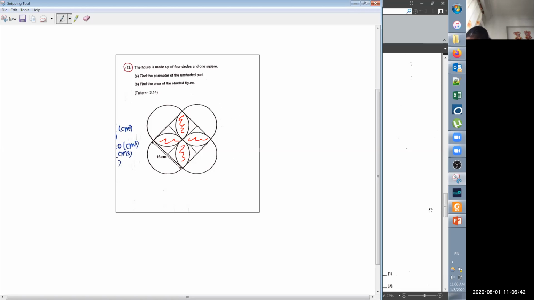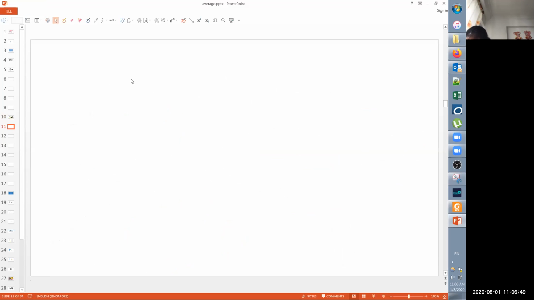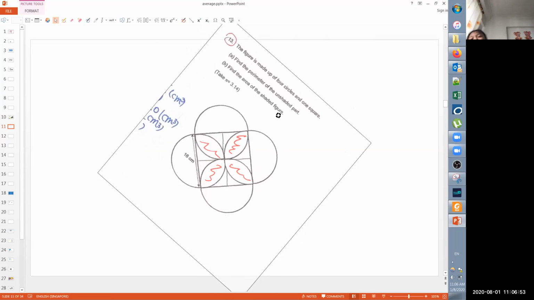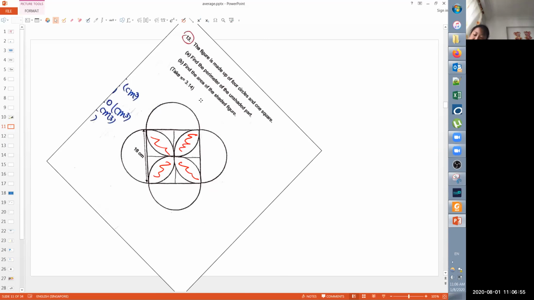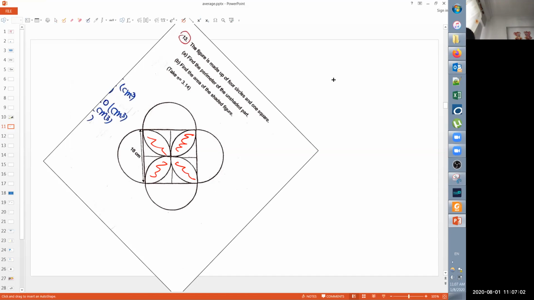Okay. Let me give you a hint. 给你一点头绪。 In order to do this question, what we have learned so far about circle is quadrant, right?